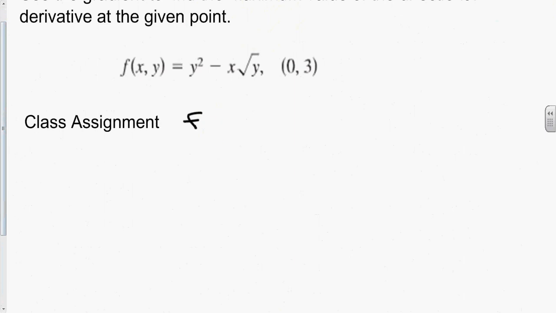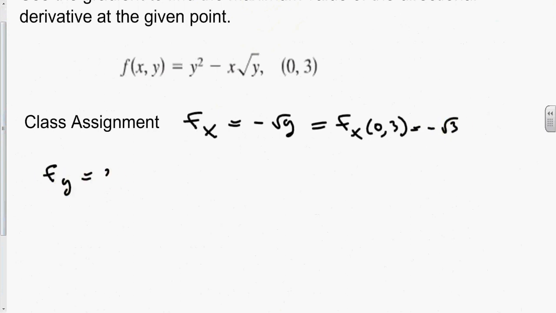So we're going to find f sub x. That becomes negative the square root of y. Find that at the point 0, 3. So that's just negative the square root of 3. Find f sub y. That's 2y minus x times 1/2 times y to the negative 1/2.